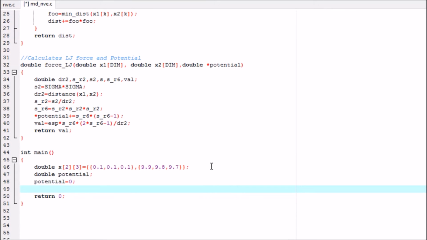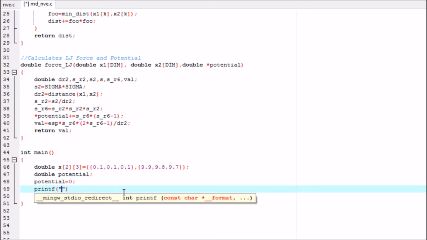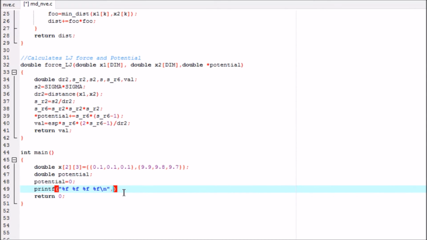Before we check the force LJ function, let's check the min dist and distance function. So we'll printf. We would print out the difference in x, minimum distance in x, minimum distance in y, minimum distance in z, and the distance, and then enter. So min dist x0 0 and x1 0.